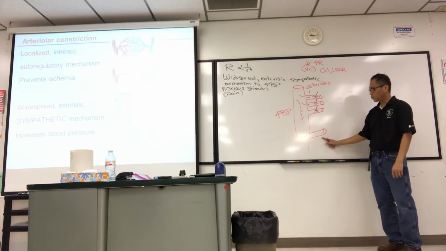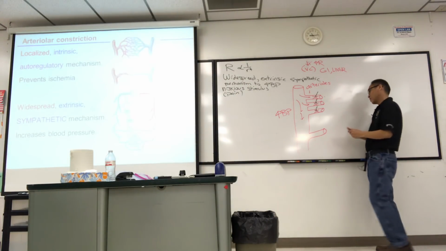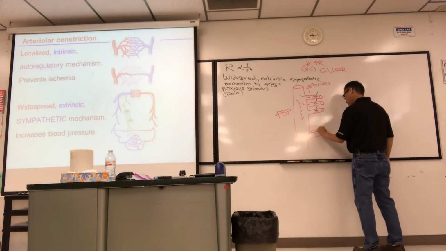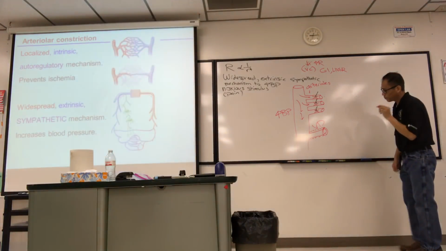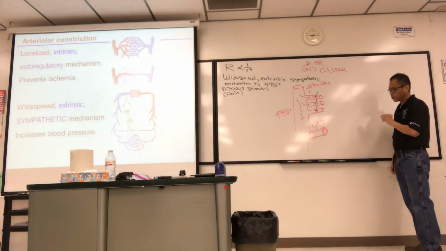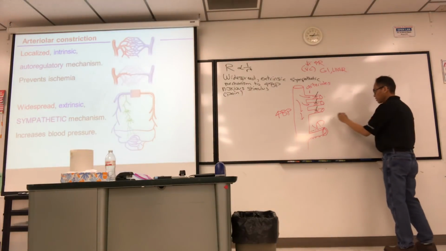So there's a small group of arterioles that actually vasodilates. So I'll just draw it bigger, right? I'll put VD. It's a smaller group, just the arterioles that are supplying blood to skeletal muscles.